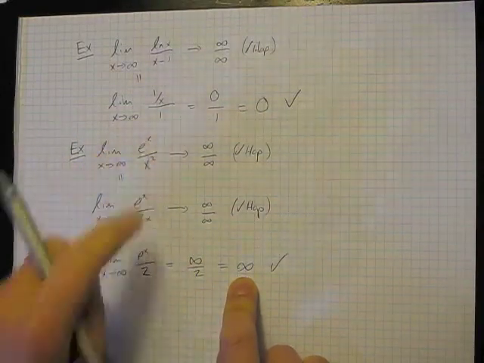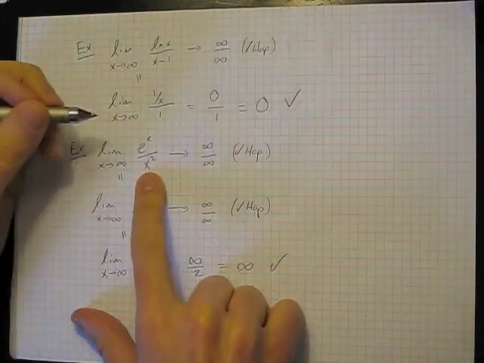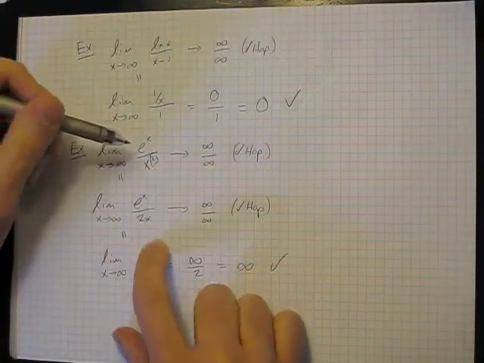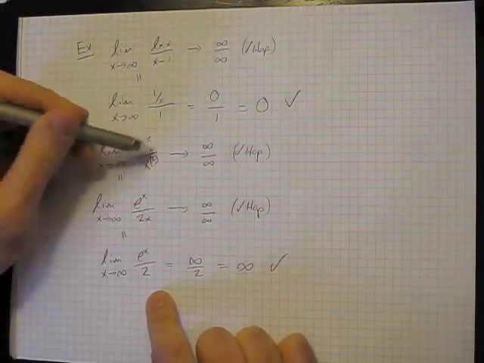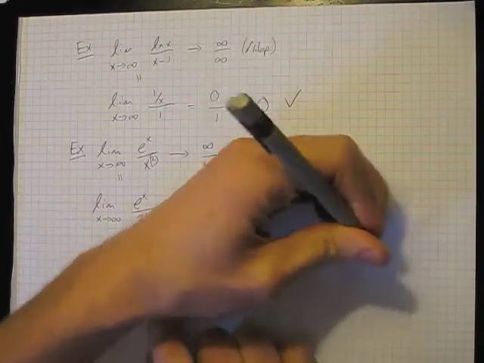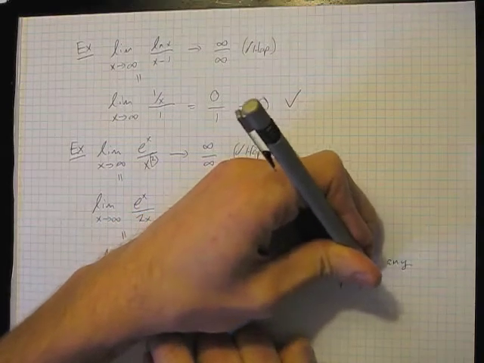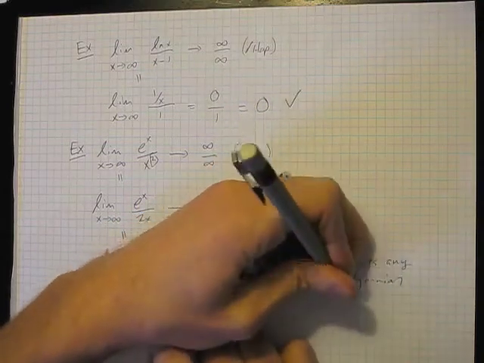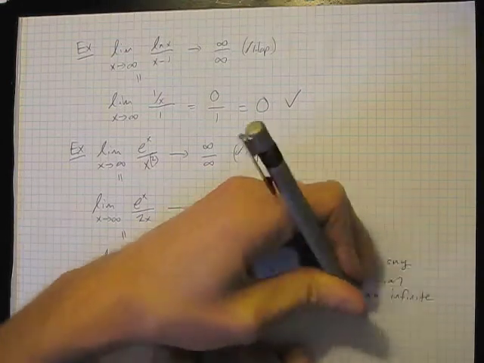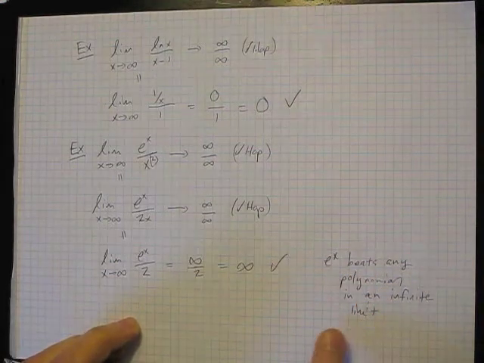The ratio of this function goes to infinity. In fact, you could put any number you like in the exponent here in this question, and the answer would be the same. e to the x always beats any polynomial in terms of the limit. e to the x beats any polynomial in an infinite limit.